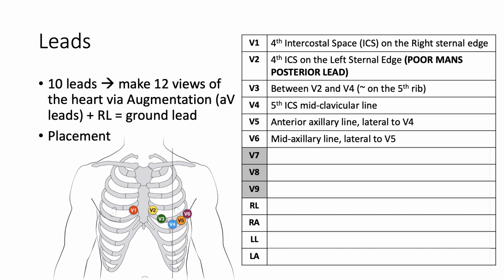Now V7, 8 and 9 are your posterior leads. It's not common, I mean, maybe in a real life situation you might be asked where they're put, but it's probably something that the nurses would do or help you with. So V7 is the posterior axillary line, still in a straight line as we were carrying on from V4.